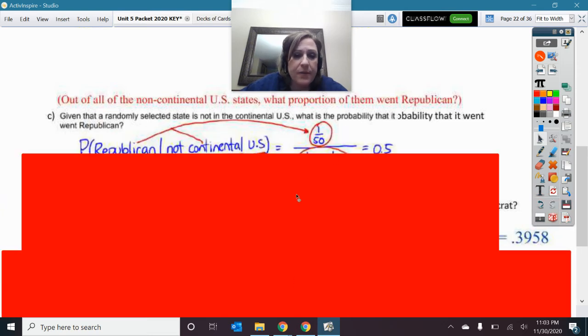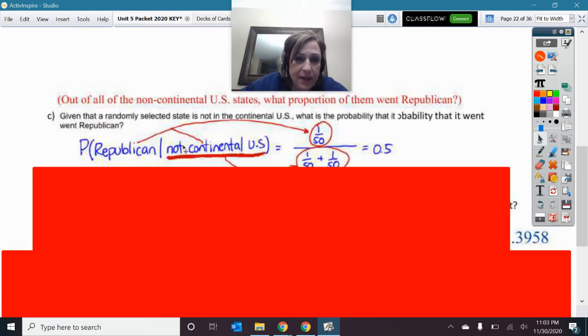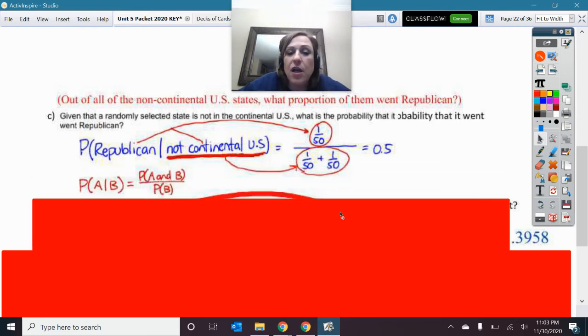All right, so here's how that looks. Given that it's a non-continental state, then it says what's the probability that it went Republican? On the bottom is the total non-continental ones, and the top is the Republican portion of that non-continental.